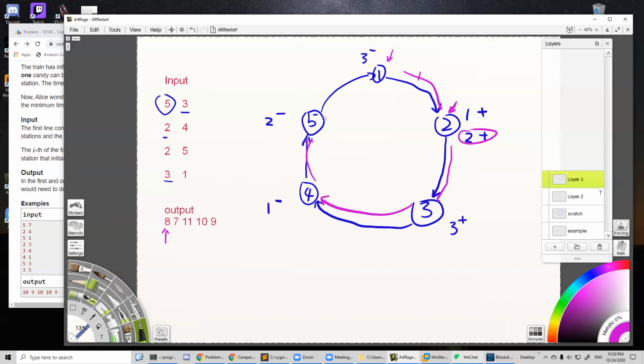And then now we want to drop off candy number 2. And time cost 5, 6. Now here we need to pick up another candy, and move along 7, 8. At this point, we need to drop off candy number 1.